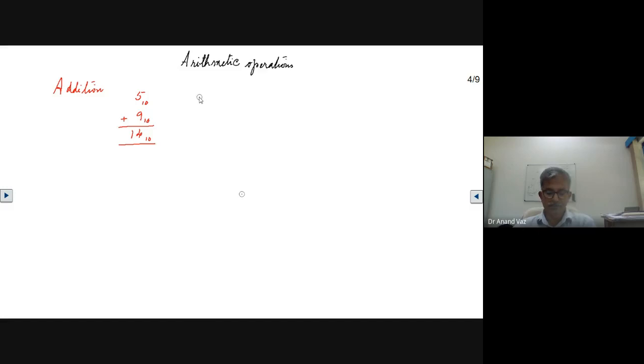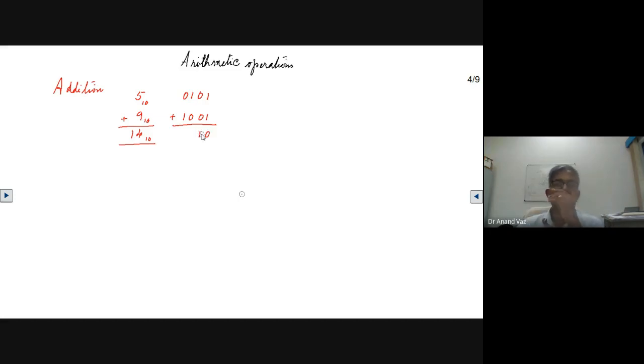And if we are to do this in the binary domain, we are going to write 5 as 0, 1, 0, 1, if we use a nibble, and 9 we can write as 1, 0, 0, 1. And we add this up, 1 plus 1 is 1, 0.